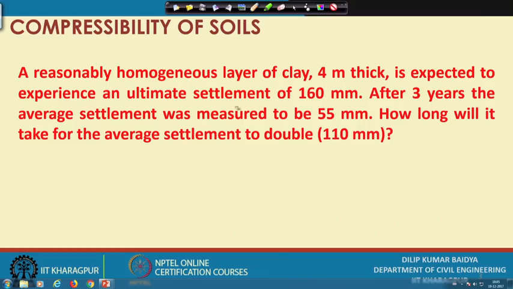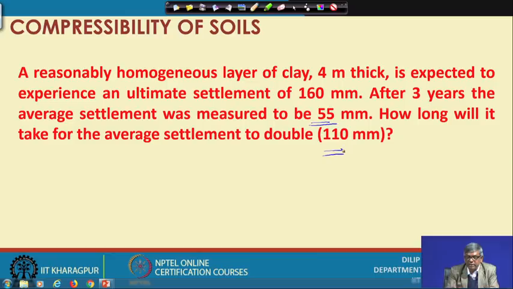Ultimate settlement expected is 160 millimeter, and we observed that in 3 years it settled 55 millimeter. Then for the same soil, how much time will it take to settle 110 millimeter? We will see how to do it.